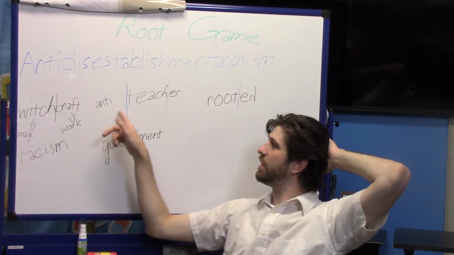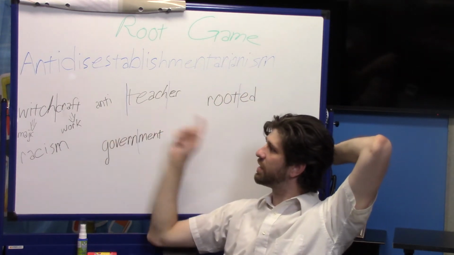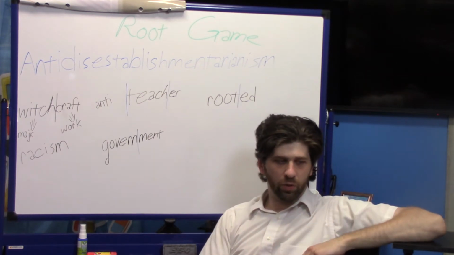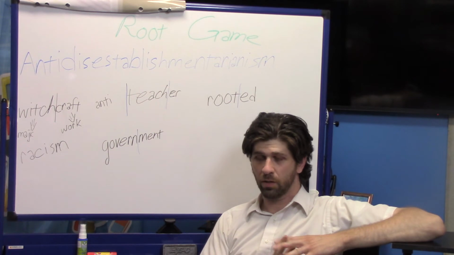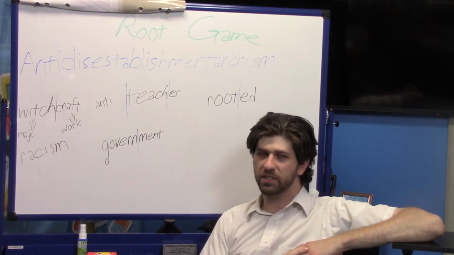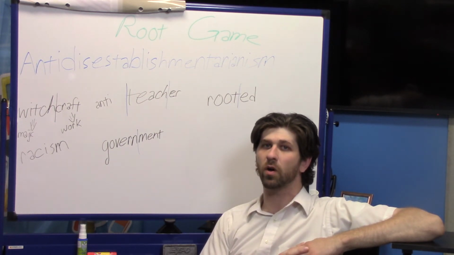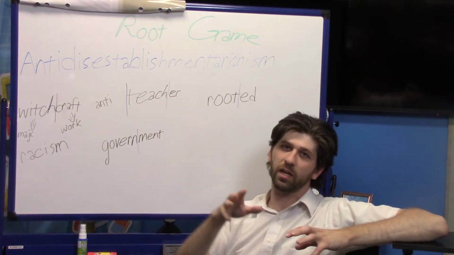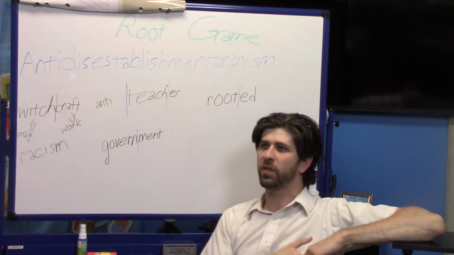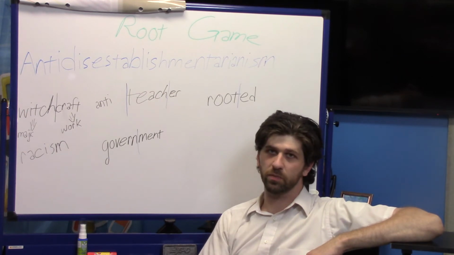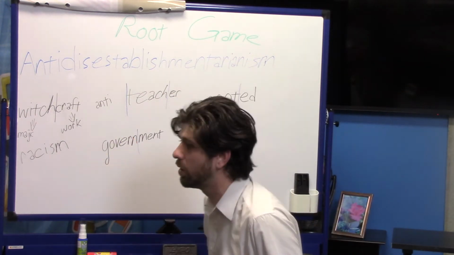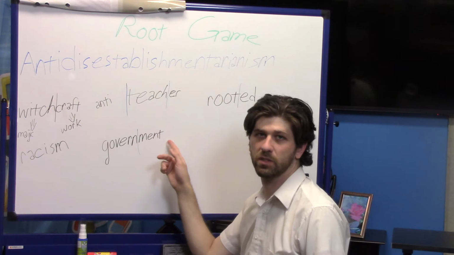Okay. But simply by splitting that apart to say it's antiteacher, not only do you get a better understanding of the issue with this law, but it also tells you specifically the issues that this law is talking about. So a second ago I said, one of the things is that it reduces the amount of money going into the school system. You could say it's anti-school, but they focus on the teacher themselves.